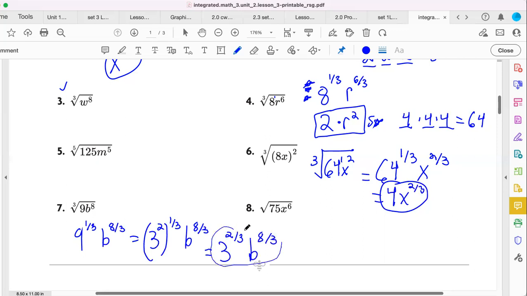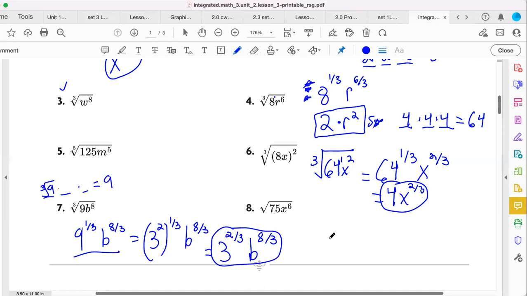And I'd say that this is pretty simplified, but even if you just left this, I imagine that would be okay. You might be curious, is there a number that when multiplied by itself 3 times gets you to 9? And you could just say that it's just the cubic root of 9 because there's not really too much you can do. Simplify that.